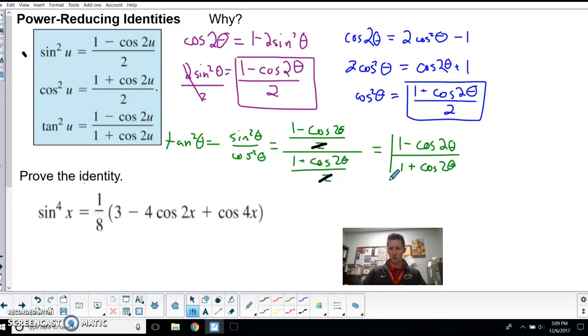Like so, which is what you see in the identity box over here for tangent squared. So that would be the 3 power reducing identities, one for sine squared, one for cosine squared, one for tangent squared. Hopefully it makes sense.